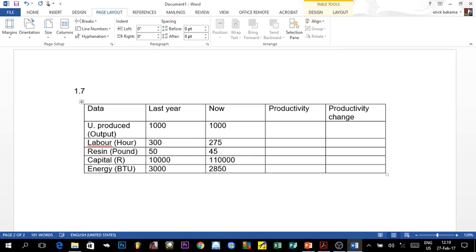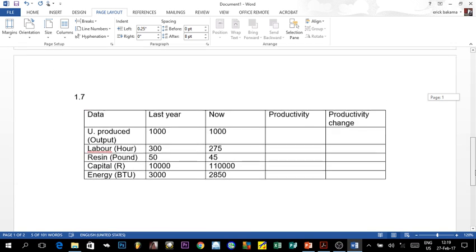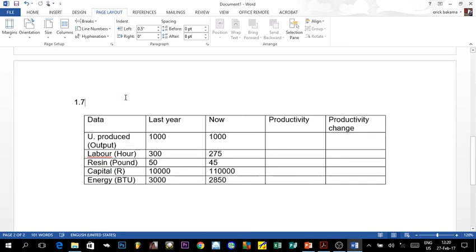So what we do, remember that we are still using our formula. Anytime that you guys are working on the productivity, you must always remember this formula. Sometimes it might not be given on your question paper, but you guys are supposed to know that this is the formula that we use.